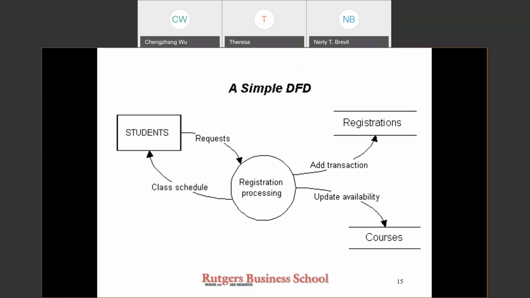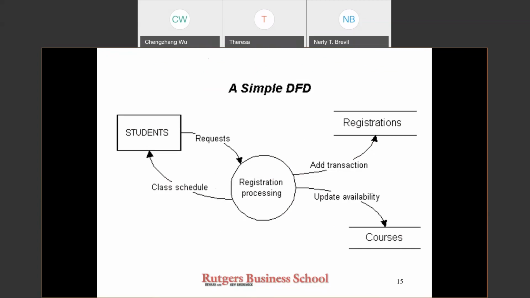It uses squares to depict external entities, circles to represent processes, arrows to represent data flows, and open-ended rectangles to depict data stores. Physical details, such as the number of copies of documents or the specific fields in the file that are updated, are ignored.